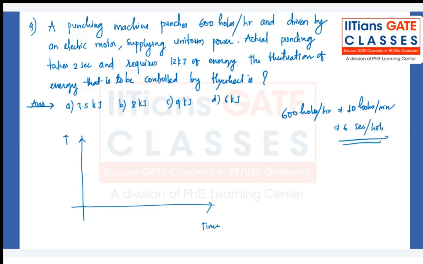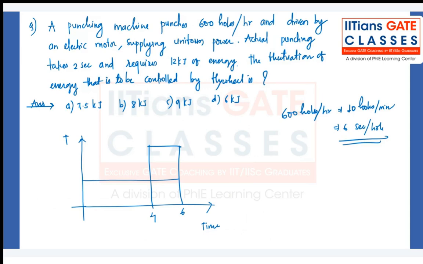Out of this 6 seconds, 2 seconds is actual punching, let's say 4 to 6 is the actual punching. And this is the average. They are asking for the fluctuation of energy, delta E.